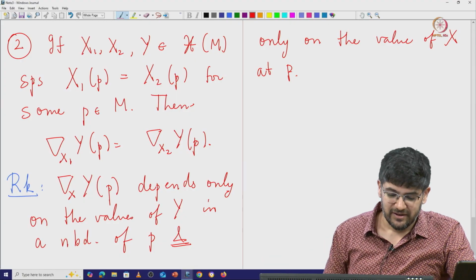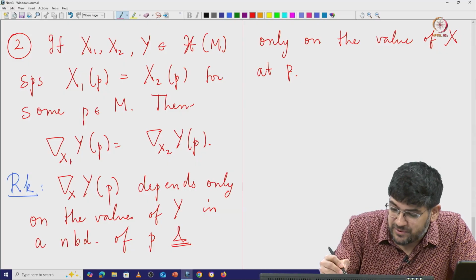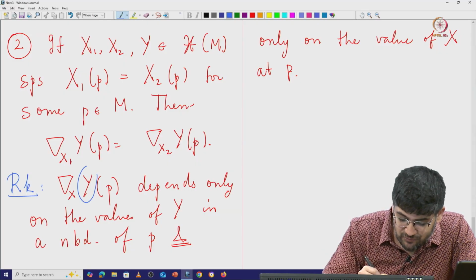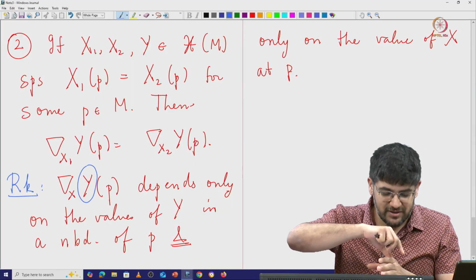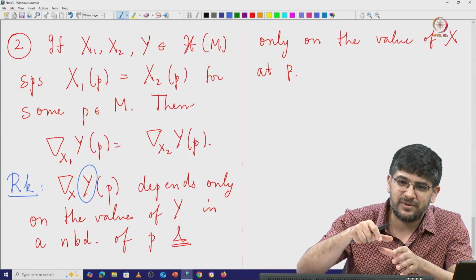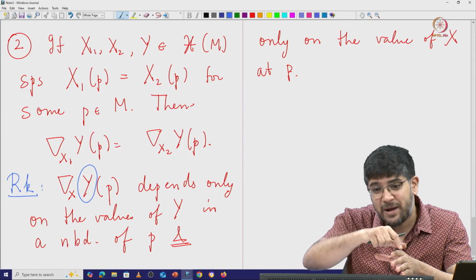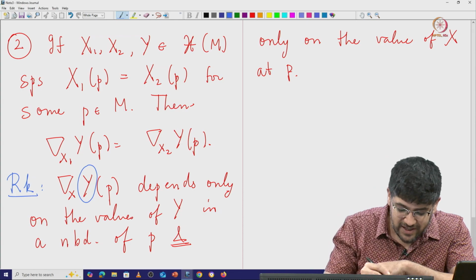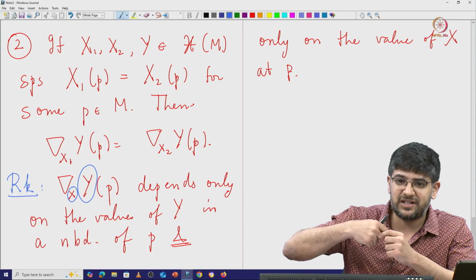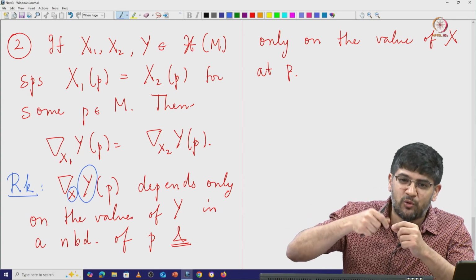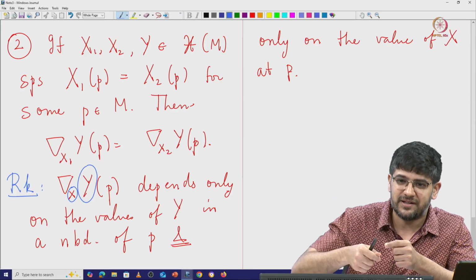Okay. So in terms of y, the derivative actually takes into account how y behaves in a neighborhood of p, whereas if you are computing the derivative with respect to x, it's only important what the value of the vector at p is. Okay.